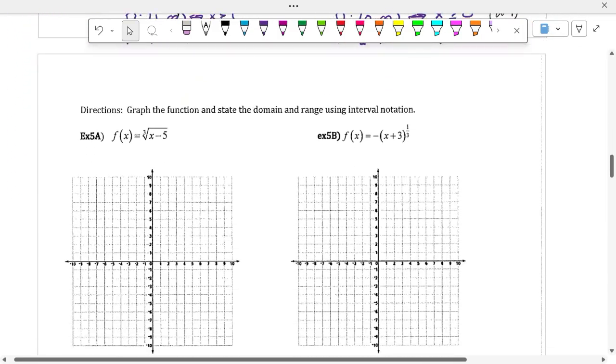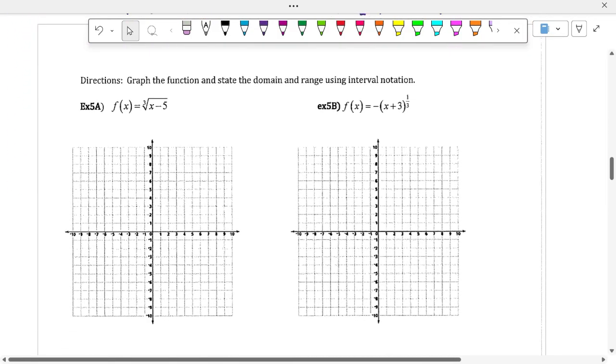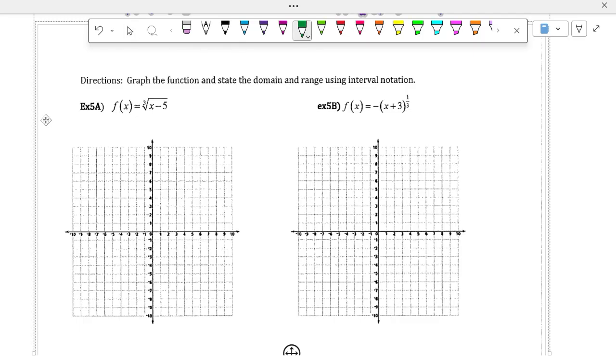All right. Now, we're going to do the same thing pretty much for these cube roots. We'll do the first one together. So, just so you're aware, what's my cube root parent graph? What's the table for your cube root parent? Guys, it's on your paper.